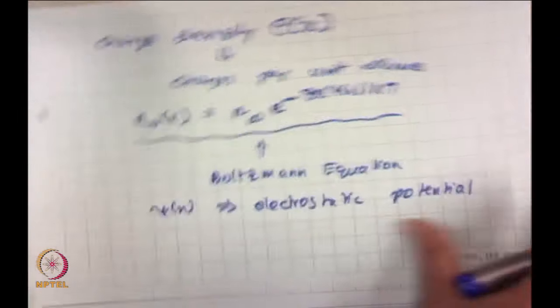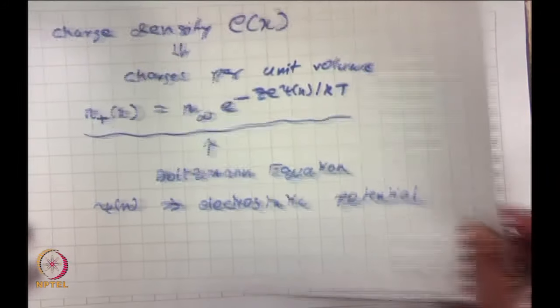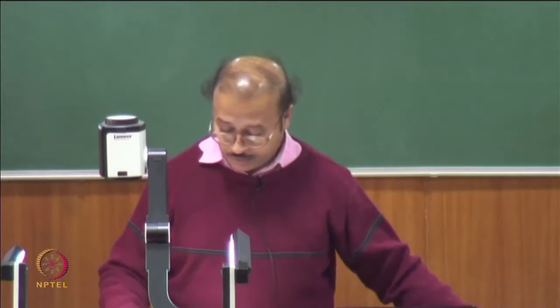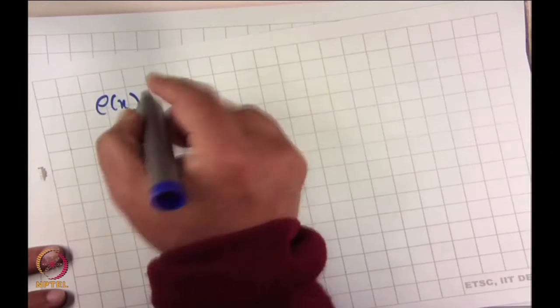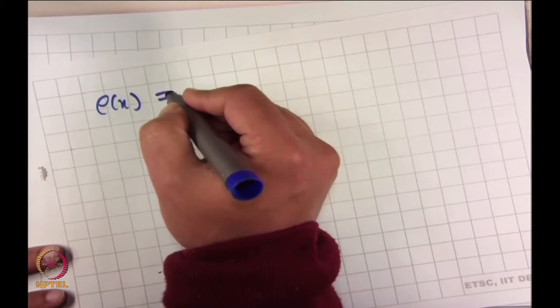Now, if you look at the total charge density, rho of x, I can write it as a summation of all charges present.